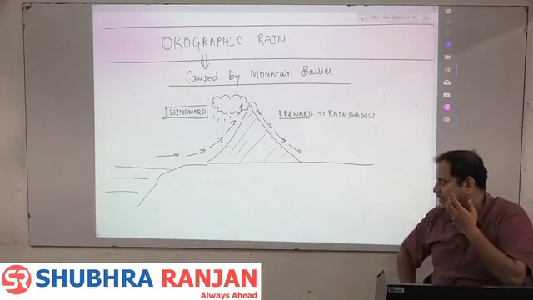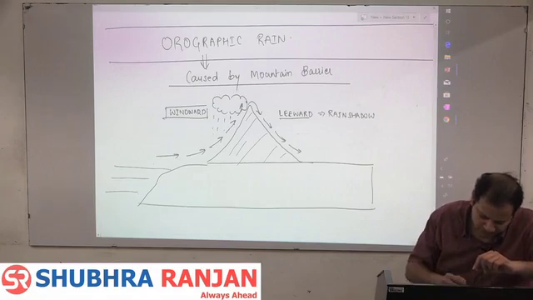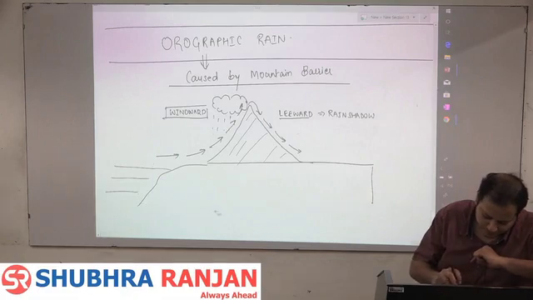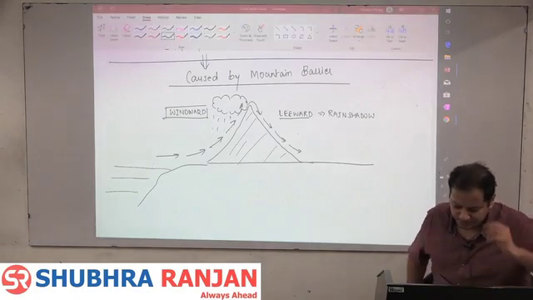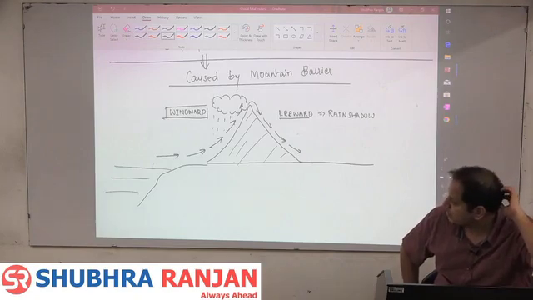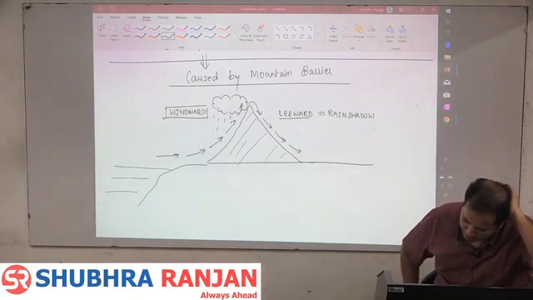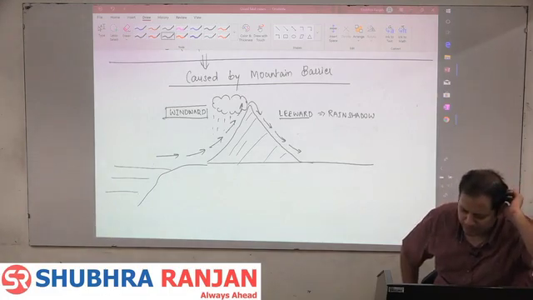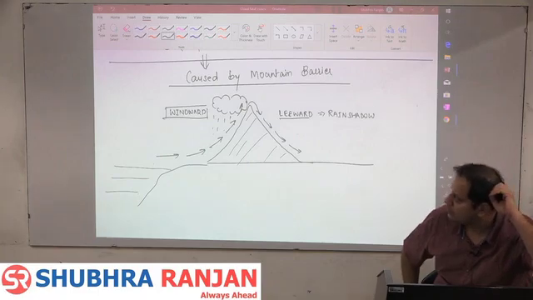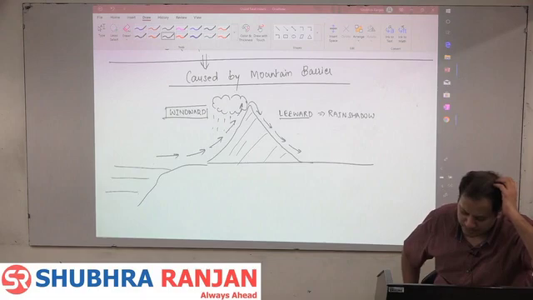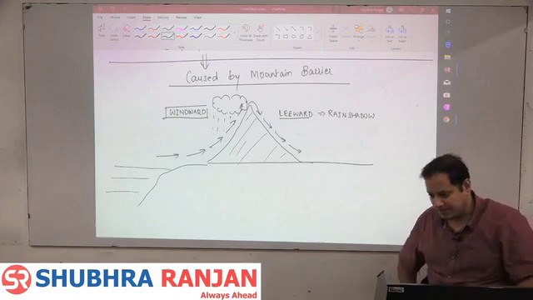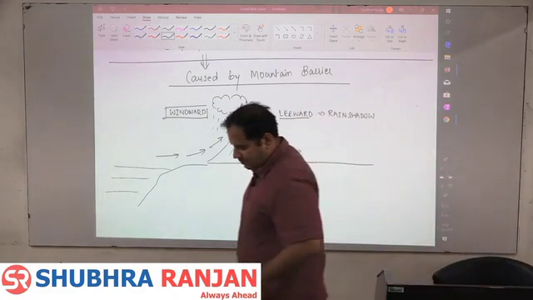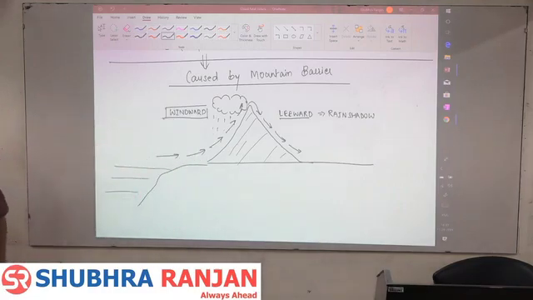Clear? So 2-3 points here: caused by a mountain barrier, where the wind after striking the perpendicular mountain barrier is forced to rise, cool adiabatically and give precipitation.